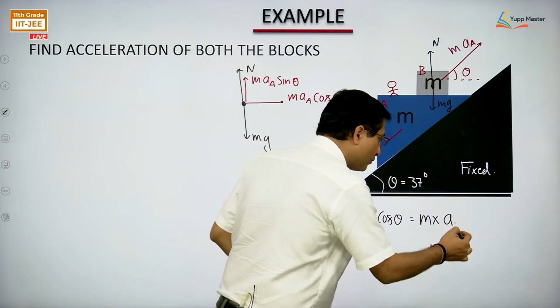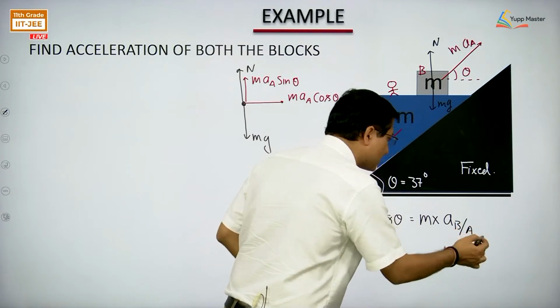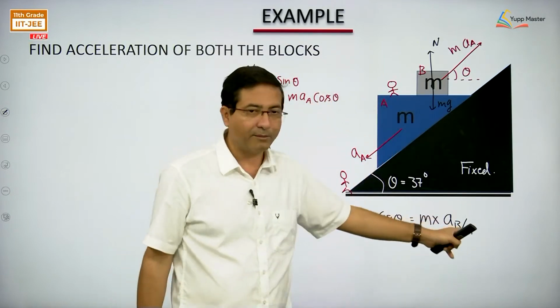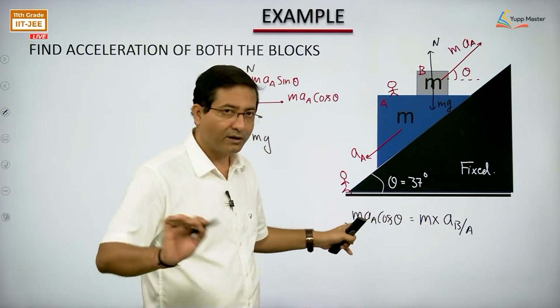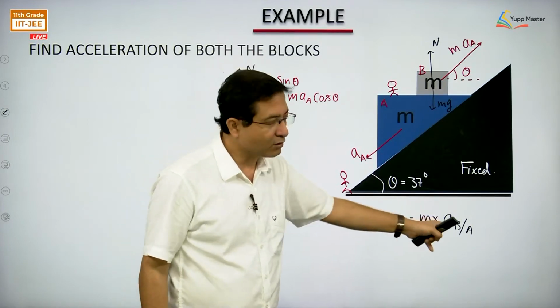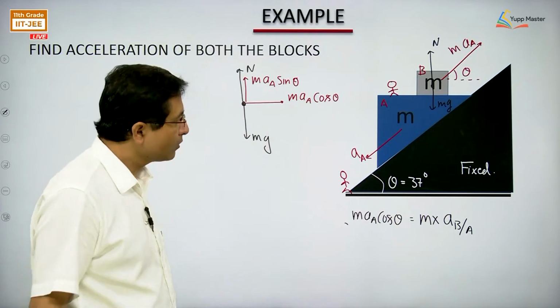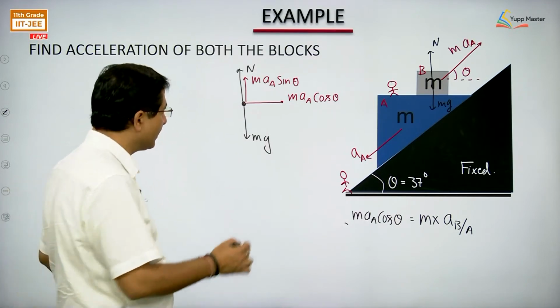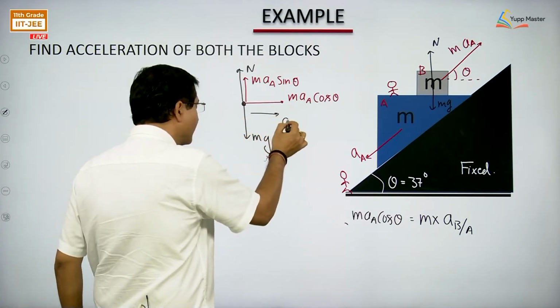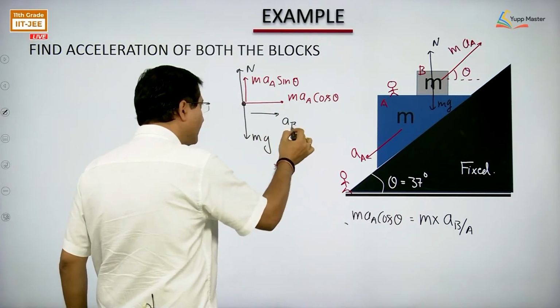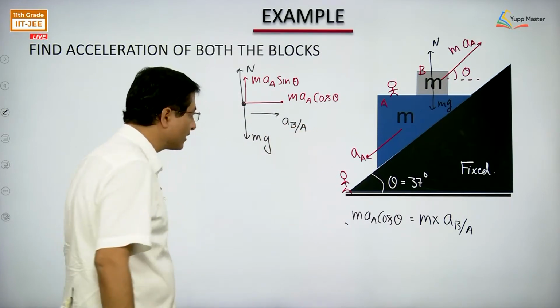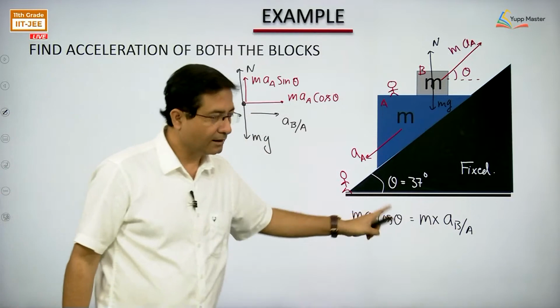So acceleration of B with respect to A, we are getting this side, F is equal to MA relative. So real plus pseudo is equal to mass into A relative. First equation I have written for acceleration in this direction, acceleration of B as observed by a person standing on A.